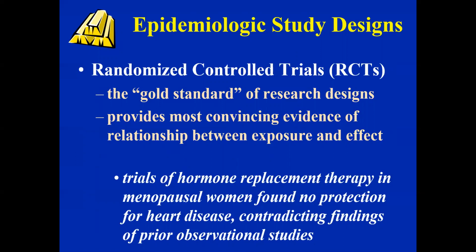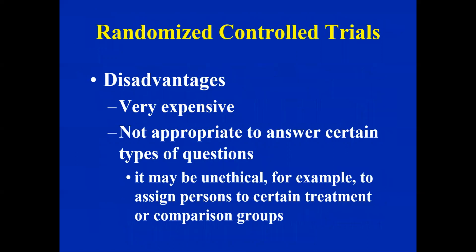And there's also the issue of randomization, where you randomize your study participants. What are the disadvantages? Yes, they are the gold standard, but they have issues. They are very expensive. They are not appropriate to answer certain questions. Remember, we discussed this issue of ethics around randomized controlled trials, where it might be unethical to assign patients to a certain treatment or a comparison group.